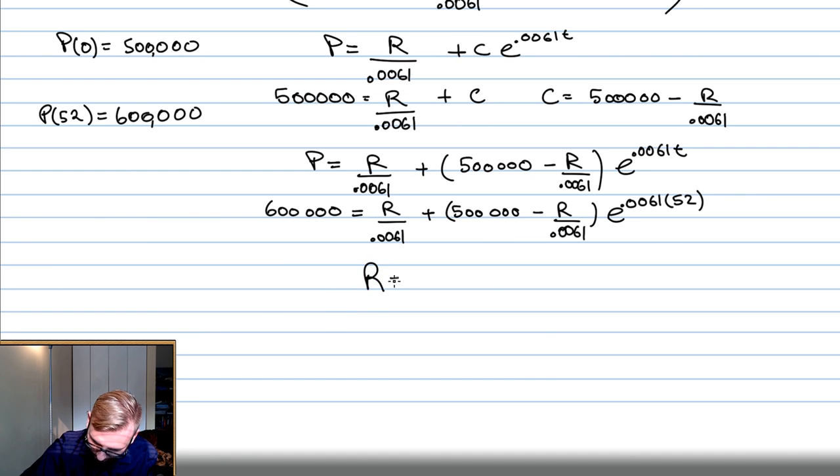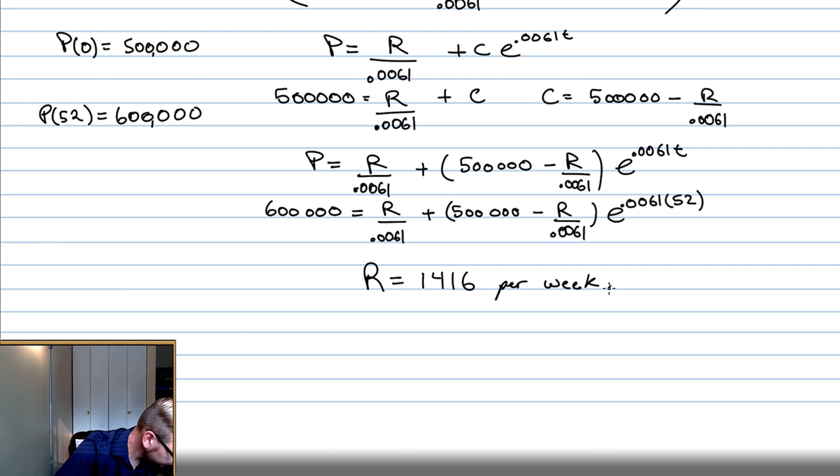So we've got r, if you solve it, should give you 14.16 per week. If you have to round, you would just round to 1400. So 1400 harvest rate.